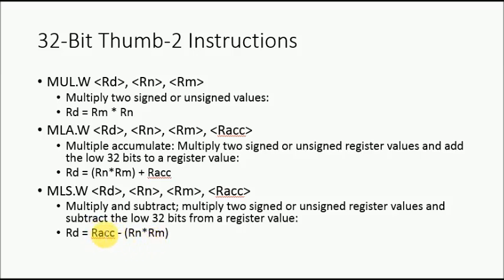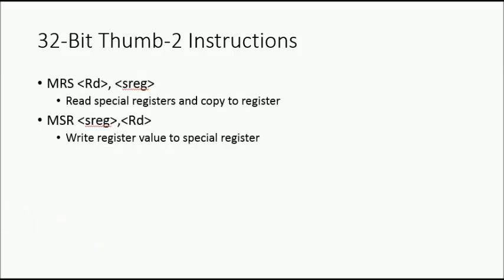Now these two instructions, MRS and MSR, are special privileged instructions. We have special registers, for example the flag register, fault mask, primask, etc. So we have to use the instruction MRS and MSR. The MRS instruction will copy the content of the special register to the register Rd.